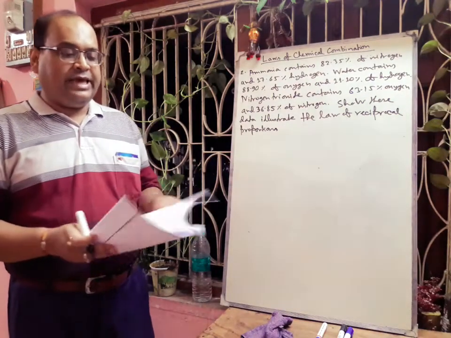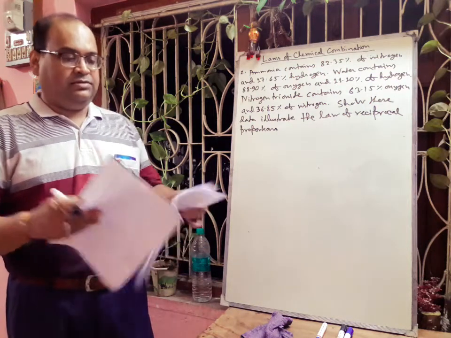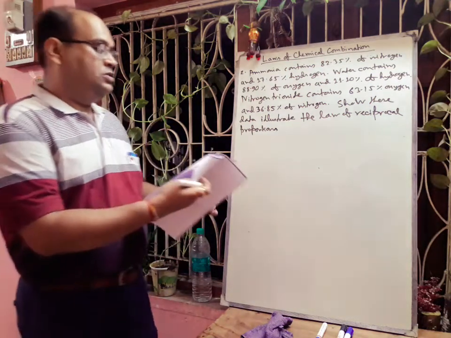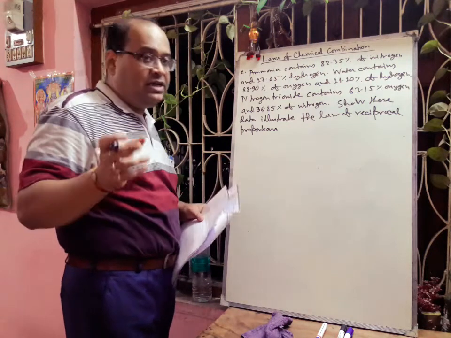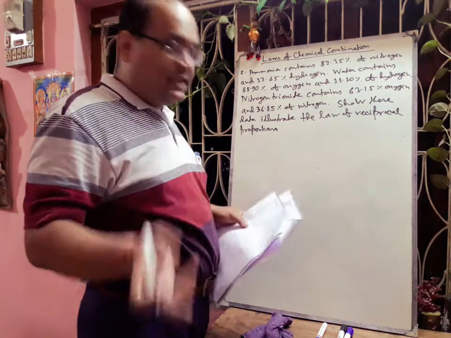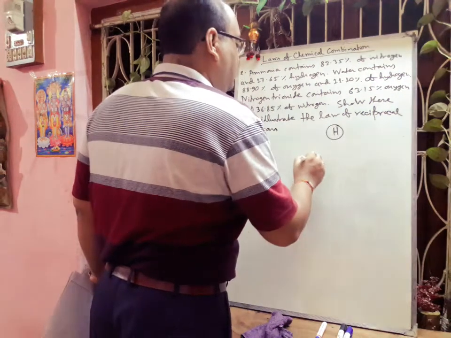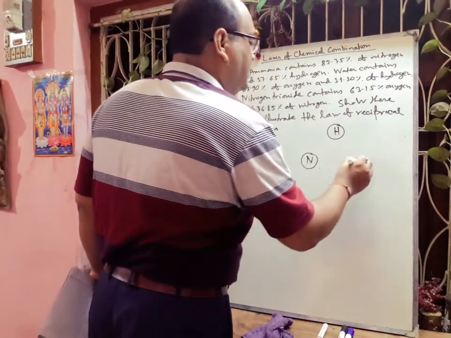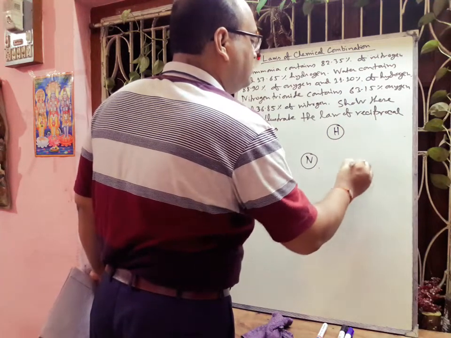So in this case, first we have to draw the triangle. Okay. So 3 elements are present here: one is hydrogen, one is nitrogen, and another is oxygen.